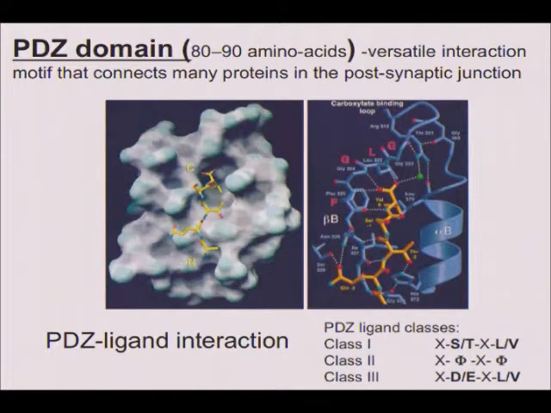And the characteristic way in which you recognize a PDZ binding protein is with a hydrophobic, usually a valine, as the extreme C-terminal amino acid. And then there are other parts of the consensus sequence. For instance, this position right here is almost always a serine or a threonine. These class 1s are the most common. So we have a motif for the ligand, and we know a lot about this PDZ domain. So let's go a little deeper and look at that.